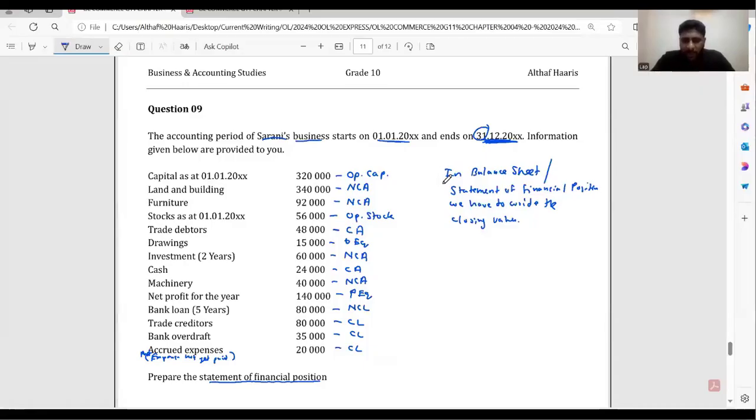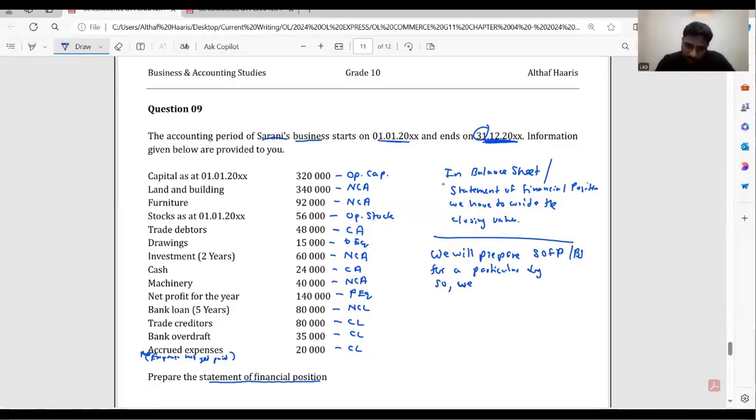We will prepare the balance sheet, if not the statement of financial position, for a particular day.